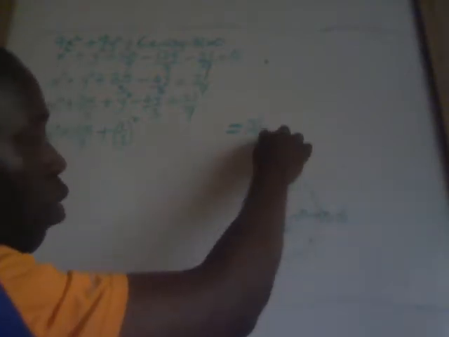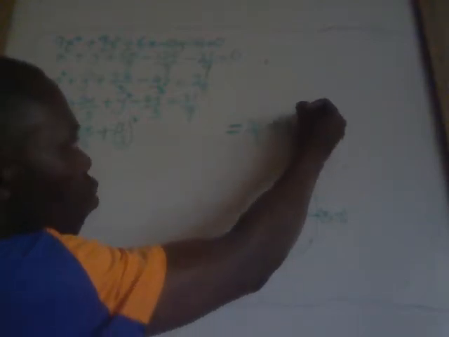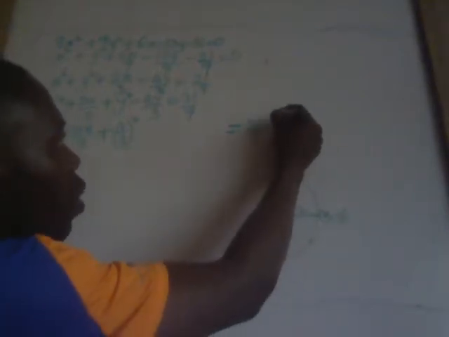So at the right hand side, we're having 31 over 9 plus 1 over 3 all squared. Okay. That is, we have applied completing the square method for x squared plus 2x over 3.